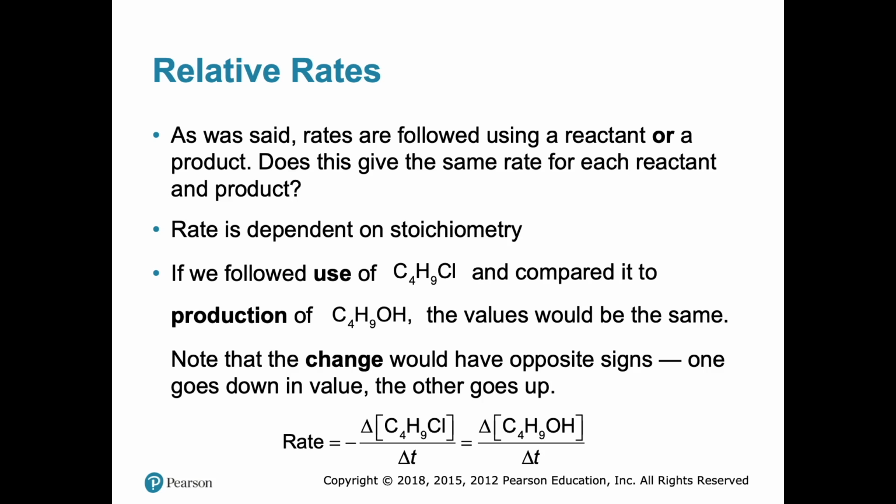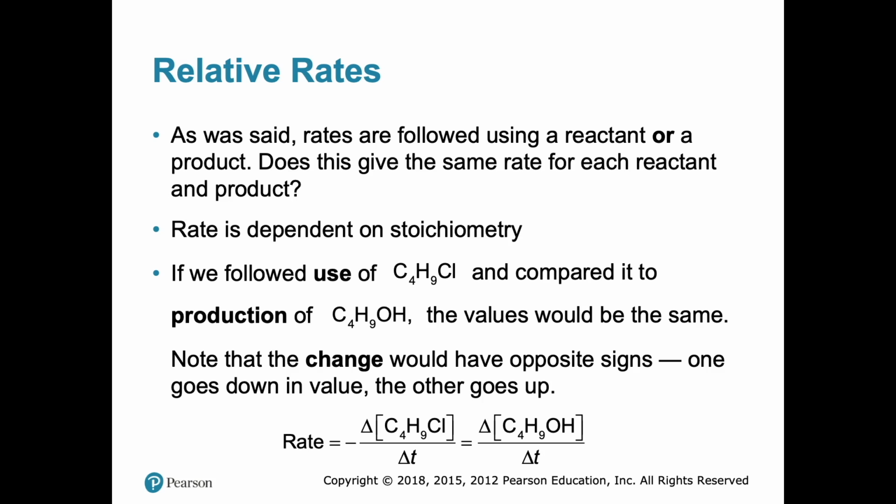It's dependent on stoichiometry. And if we use, I keep on forgetting its name, chlorobutane, compared to the production of butanol, the thing that would change is the sign. And I said this a second ago, we have a decrease in chlorobutane, and that's why the sign is negative.